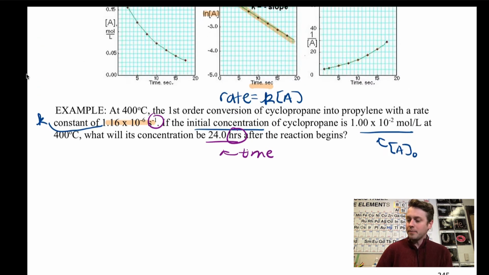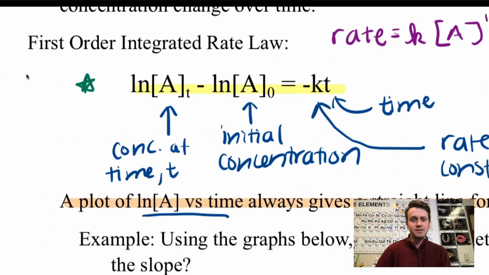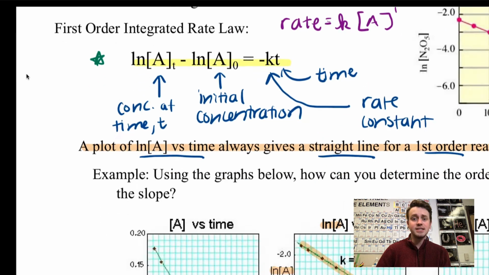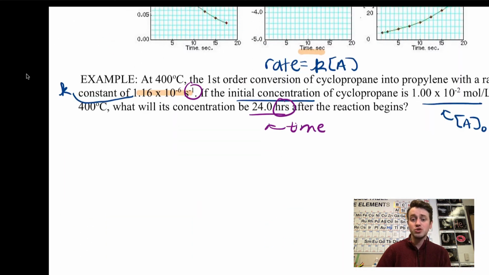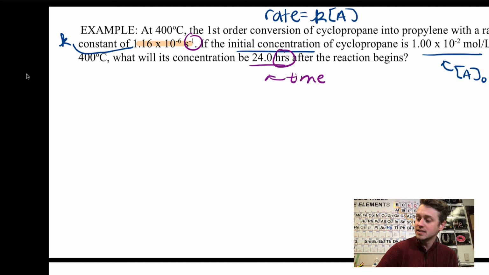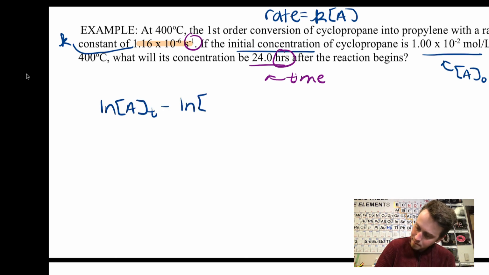Okay, so I'm going to use this formula here. This is the formula we have available to us on the AP test, so it's not something you have to have memorized. I'm going to write it out so you can see where I am plugging everything in: negative kt.